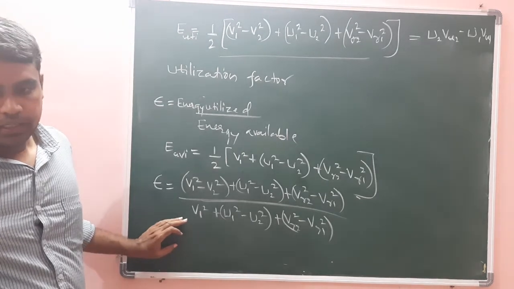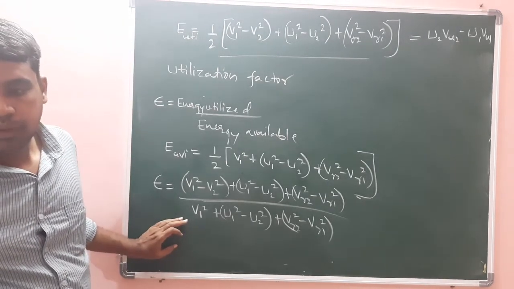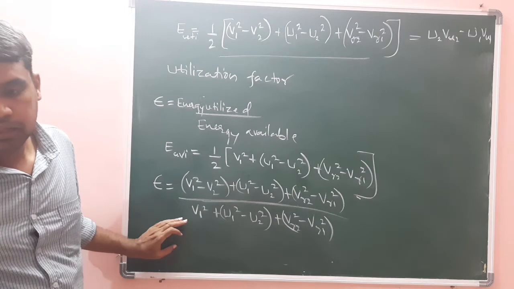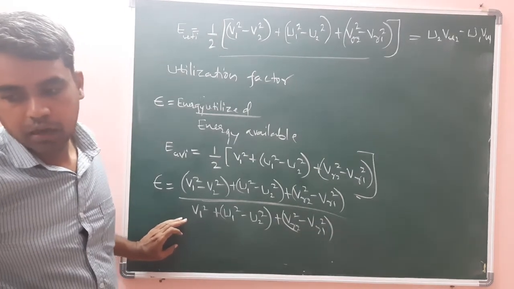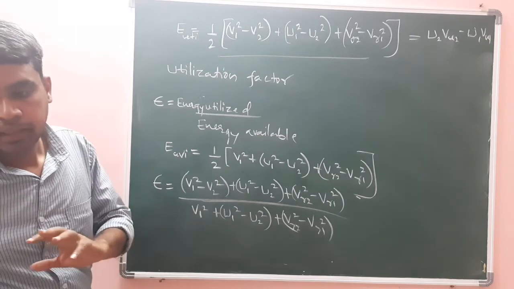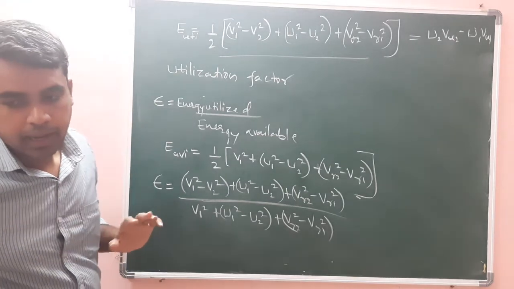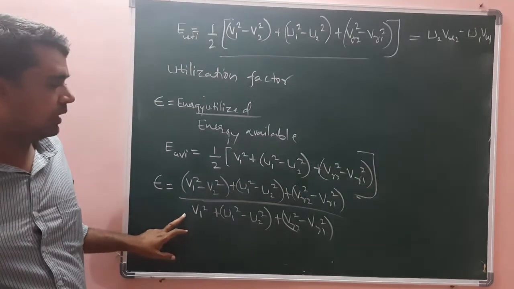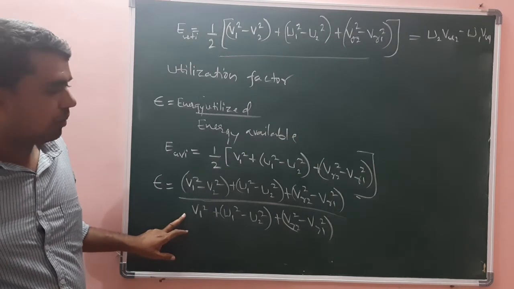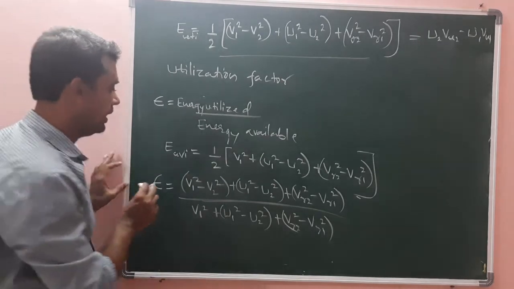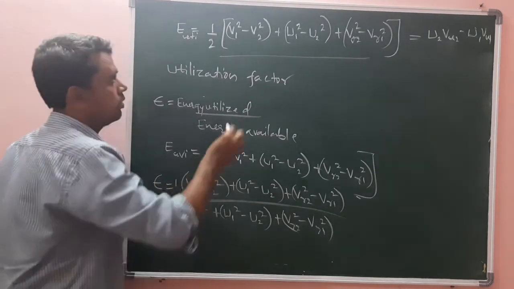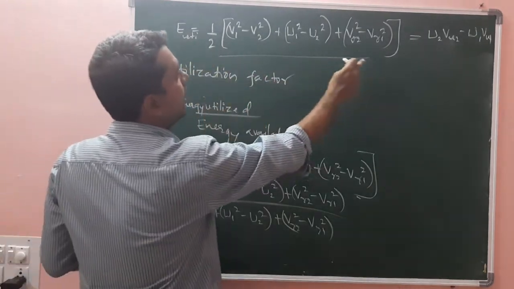utilization factor. This one we can write in another way also. I will write 1 by 2 in the numerator as well as 1 by 2 in the denominator, because I want to write it in terms of energy transfer.